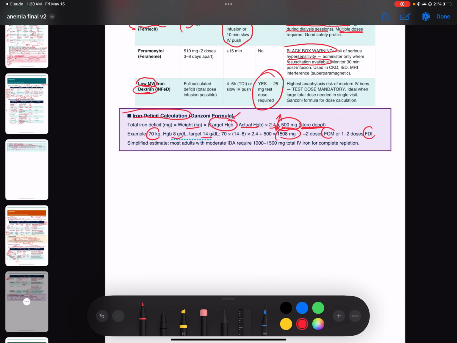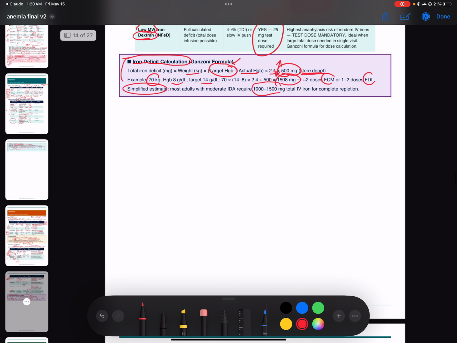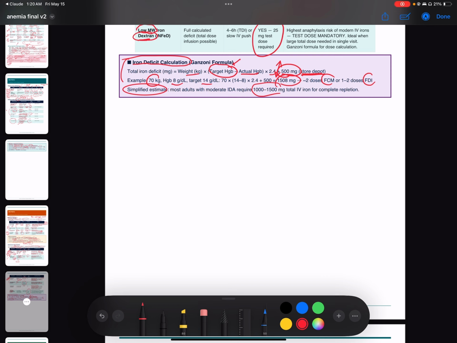If you don't want to calculate this, if you want just a simple estimate, most adults with moderate iron deficiency anemia need between 1000 to 1500 milligrams of total IV iron. If you are given FCM or FDI, it would be fewer visits or fewer infusions. But if you are given, for example, ferric gluconate, then they might need like 10 infusions. So there are different forms of iron.